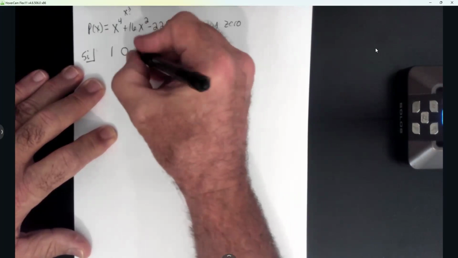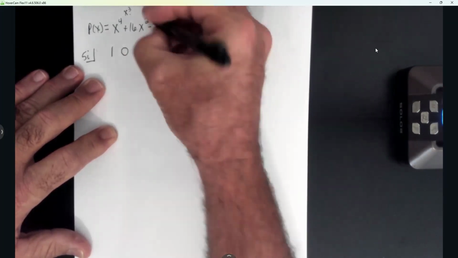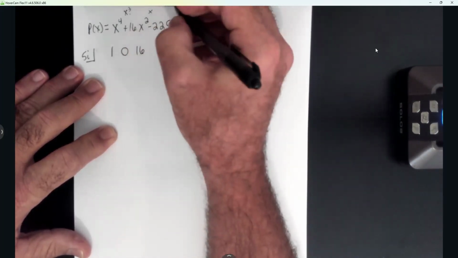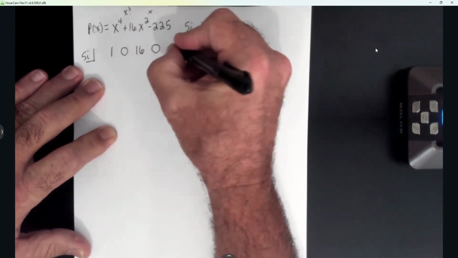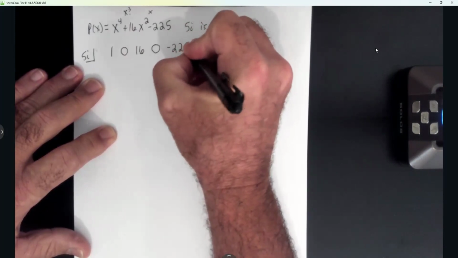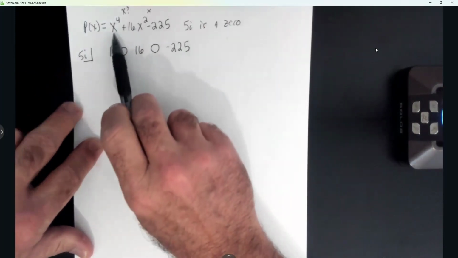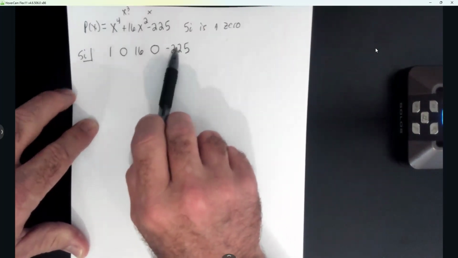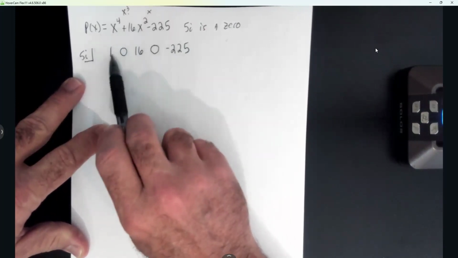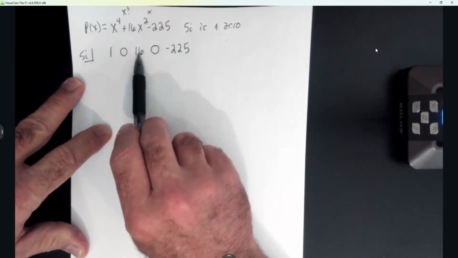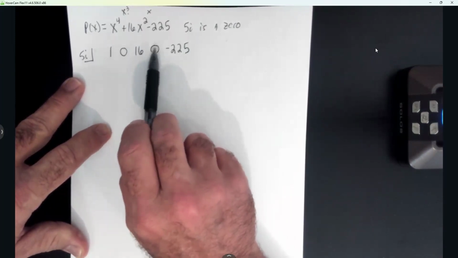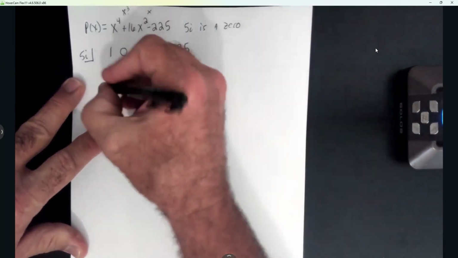I got a 16 for the x squared. I don't have an x term sitting here, so I need to put a 0 for it. And then at the end is a negative 225. So you got to have every placeholder represented. So 1x to the fourth, 0x cubed, 16x squared, 0x, minus 225.